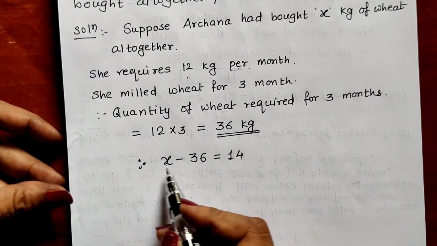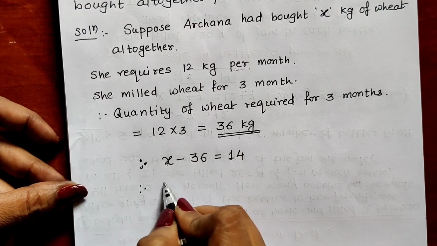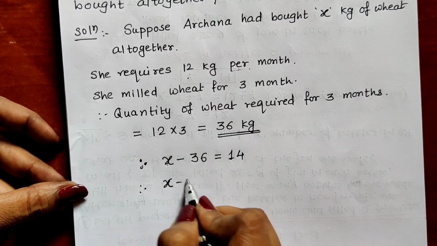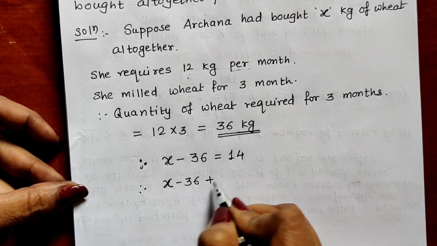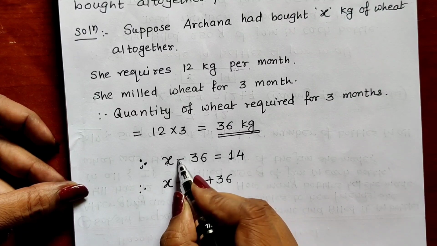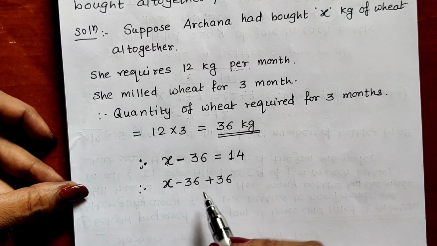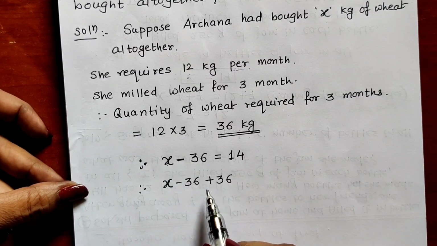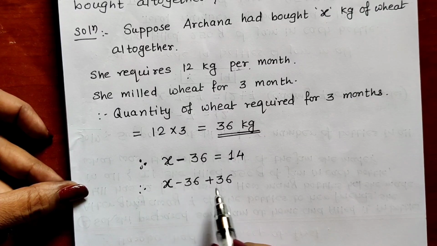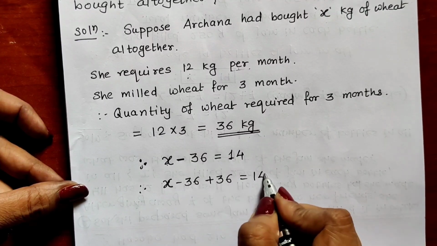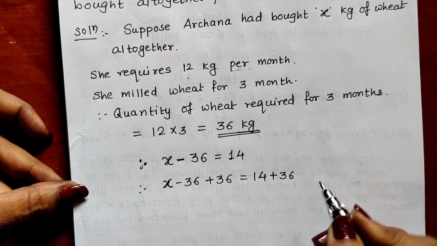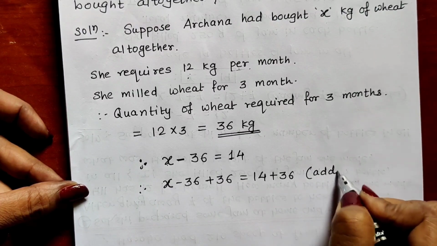Now solve this. We have got the equation, solve it. X minus 36 plus 36. Correct? First there was subtraction, so we have to do the exactly opposite operation. So we have to add 36, 14 plus 36, adding 36 on both sides.